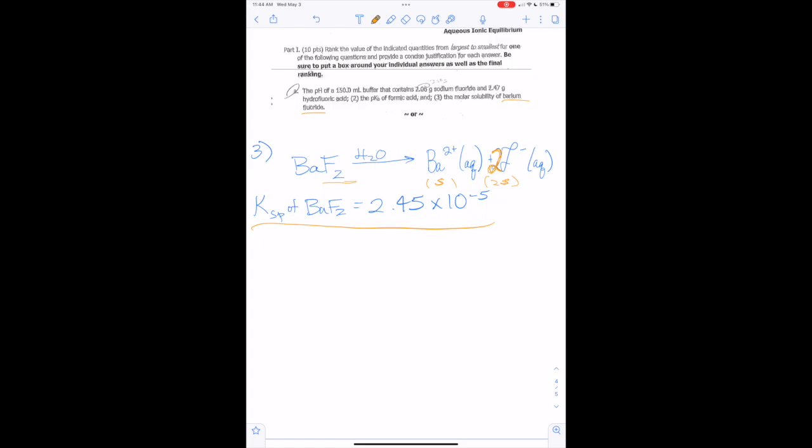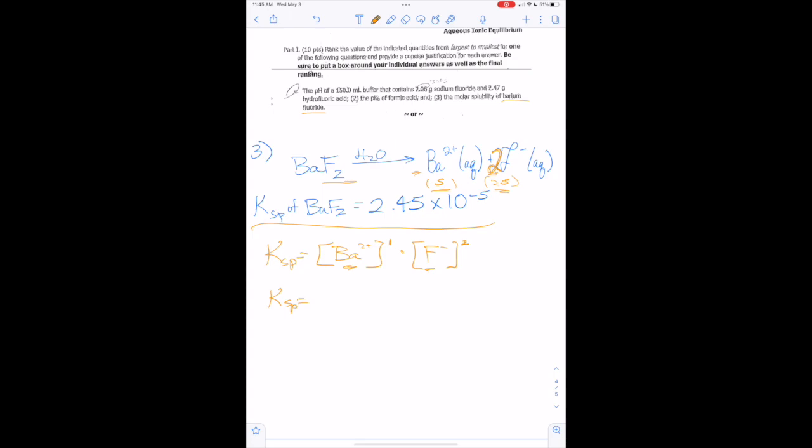I have 2.45 times 10 to the negative 5th. I know that KSP is equal to the concentration of barium to its coefficient, which here is 1, times the concentration of fluoride to the coefficient, which is 2 here. Now I'm going to substitute in my S and my 2S for these guys.